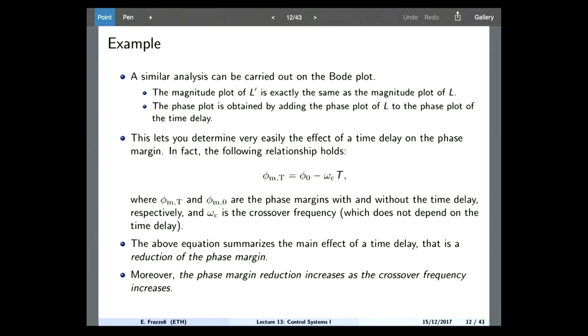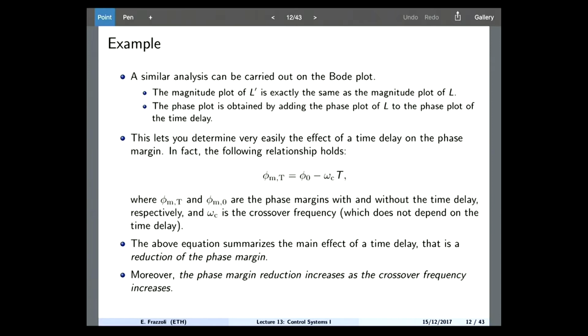Summarizing this, the main effect of the time delay is a reduction in the phase margin, and this reduction gets higher and higher as you increase the crossover frequency.